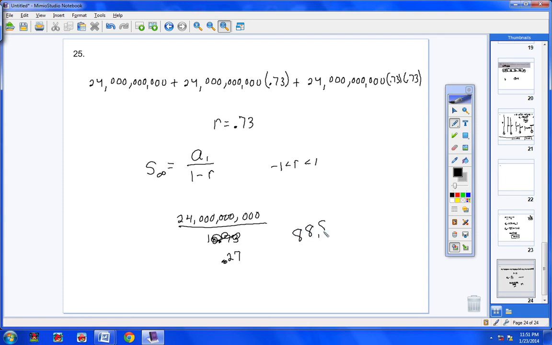Now this is your sum or your limit, however you want to look at it. 88,888,888,889. Okay, so there we go. That's the total effect on the economy based on this money and how much of it is put back into the economy over and over and over.